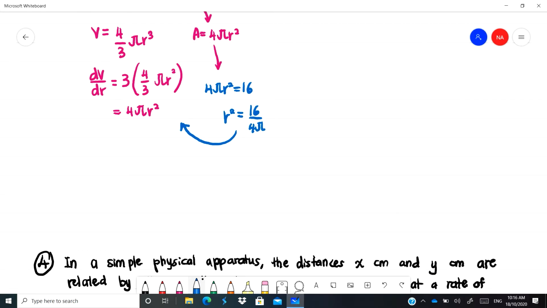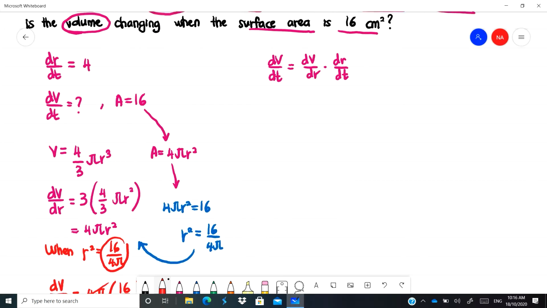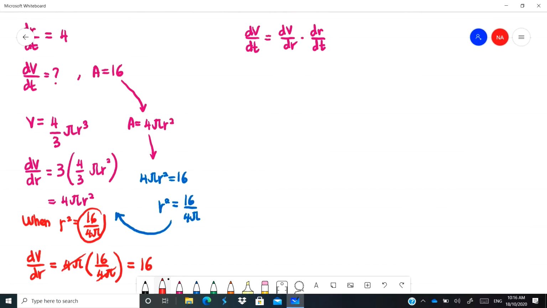So dv over dr is 4 pi, with r squared substituted by 16 over 4 pi. I'm going to cancel the 4 pi with 4 pi, so dv over dr is actually 16.